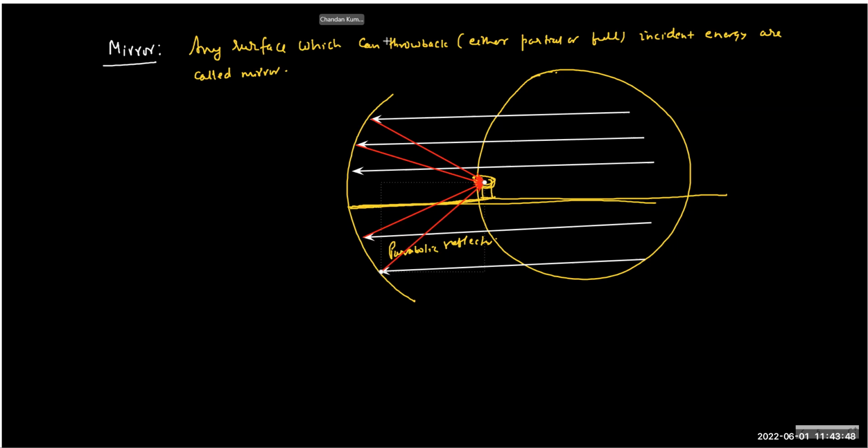So this is also a case of reflection. But of course, the reflection is not of a light ray, rather the electromagnetic wave. And metallic surfaces, or you can simply say metals, are a very good reflector of EM waves. Understood?